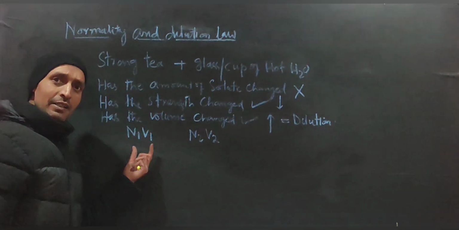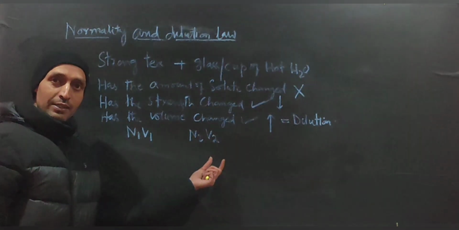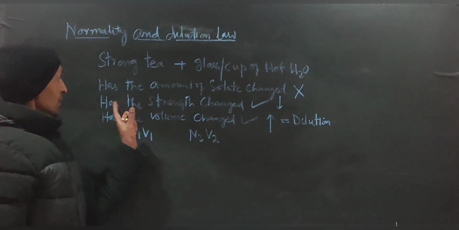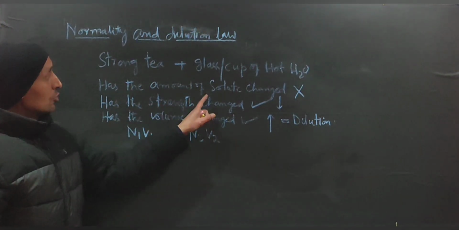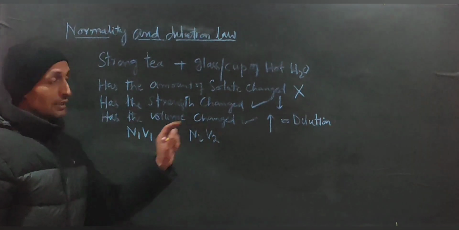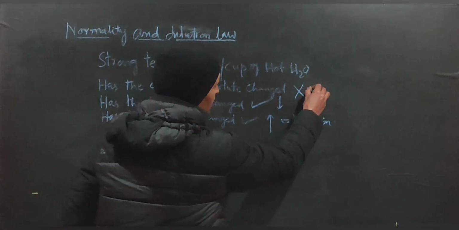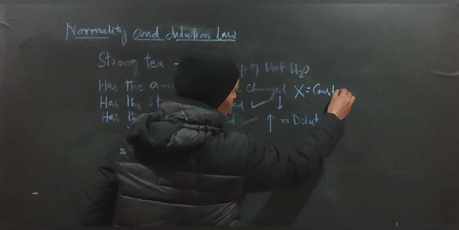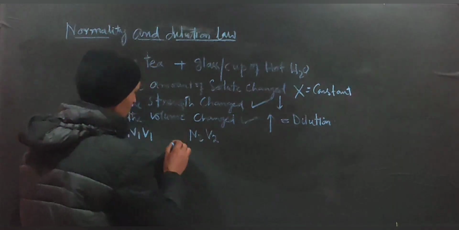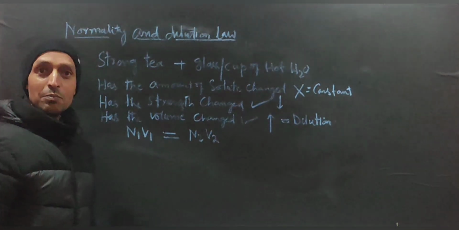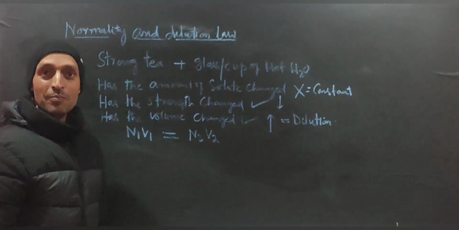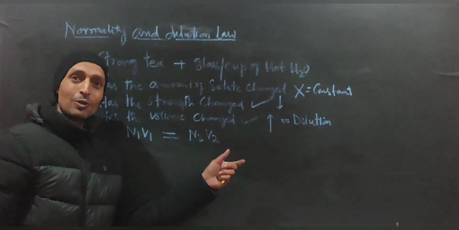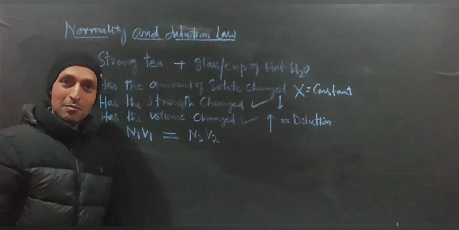So initial equivalents, final equivalents. But the amount of solute has not changed. That has remained constant. Therefore N1V1 is equal to N2V2. Simple. No mathematical derivation, only a conservation concept.